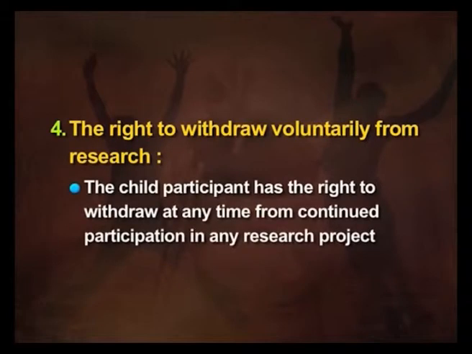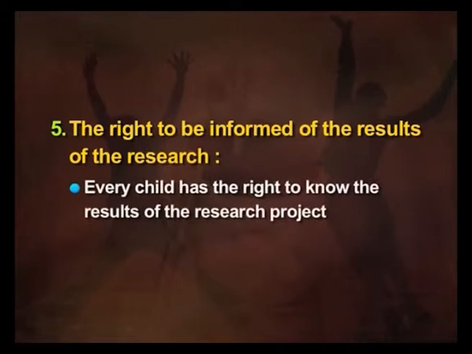The child participant has the right to withdraw at any point from continued participation in any research project. Next is the right to be informed of the results of the research. Every child has the right to know the results of the research project.